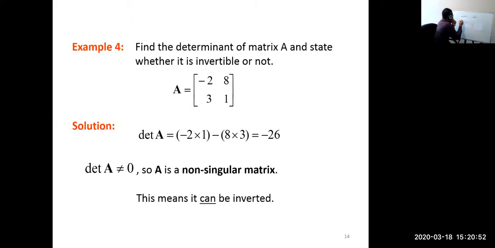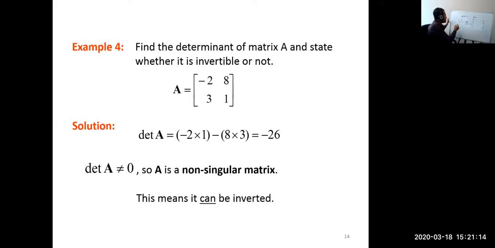The inverse of A can be written as this, okay? The inverse of A equals 1 over the determinant of A, times the opposite of the A values.